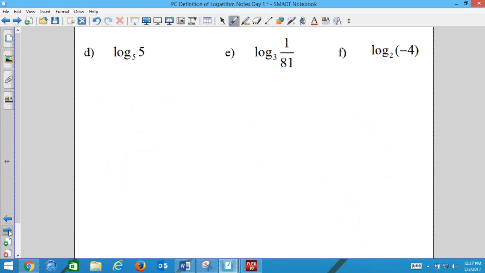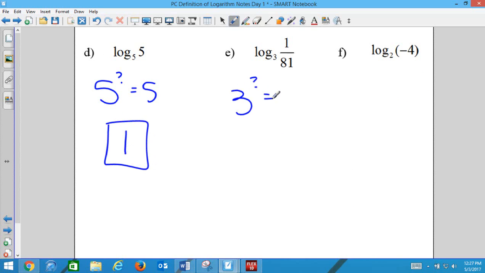How about D? 5 to what exponent is 5? 1. 3 to what exponent is 1/81? -4.